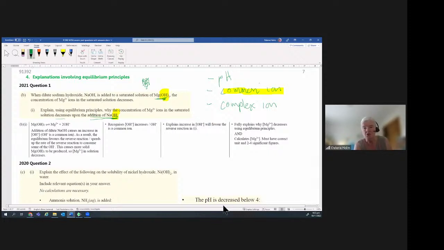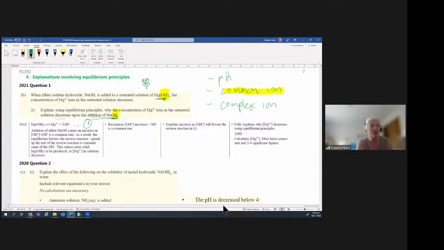So if there is a complex ion, you always write the equation, and that's what I'm going to be saying right now. Always write equations. That's an absolute. And if you need more than one equation, write them all, and then go, this is equation 1. And then say you had a complex ion, you would go, equation 2.